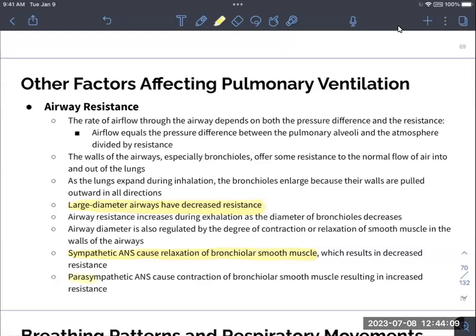That parasympathetic, when you're laying in bed doing nothing, it causes those airways to get smaller. The smaller the airways, the harder it is to get that air in, so that increases resistance.